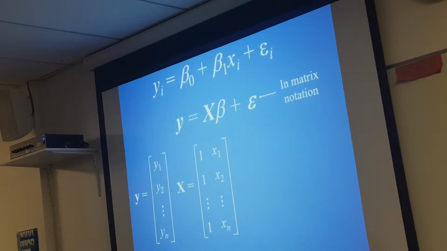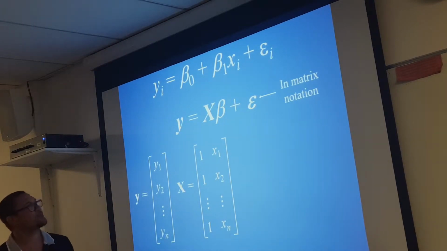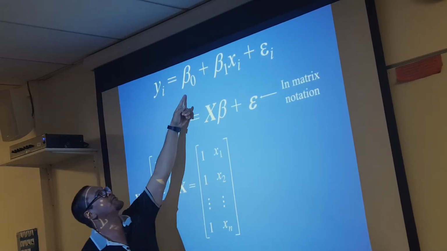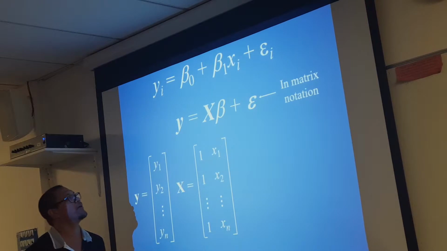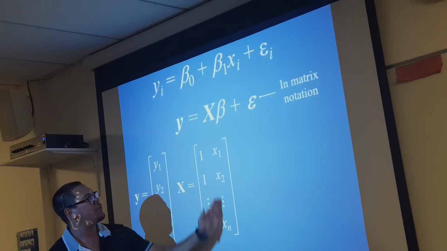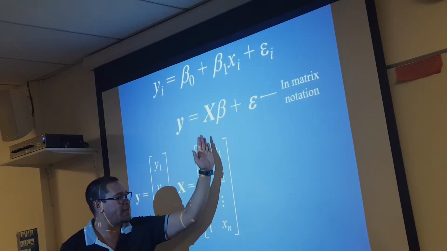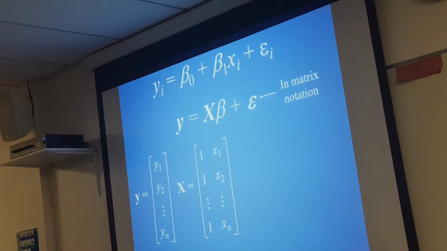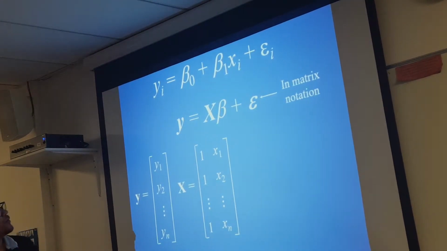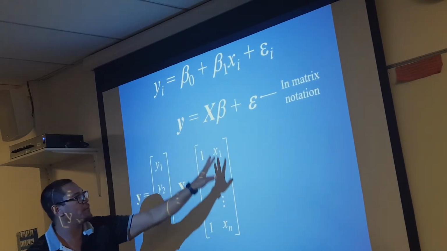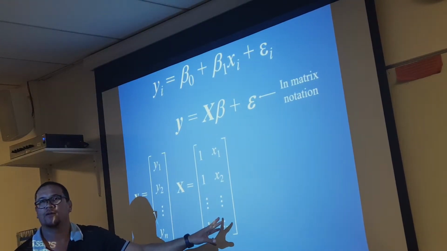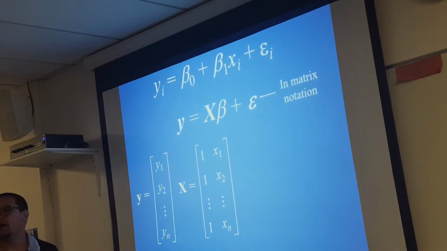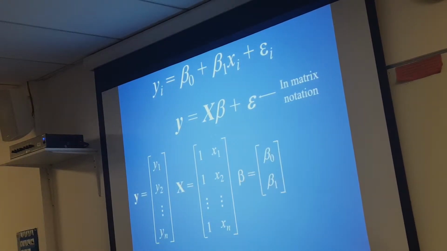X, if it's a simple linear regression, is going to typically have a column of ones that's going to refer to the intercept, and then we're going to have a column for every one of our explanatory variables. So this would be a simple linear regression where we have one x, one column, one explanatory variable, right, plus an intercept trying to model our value of y here.